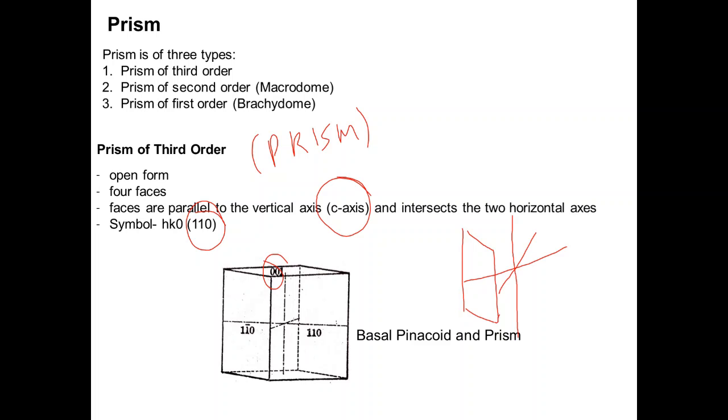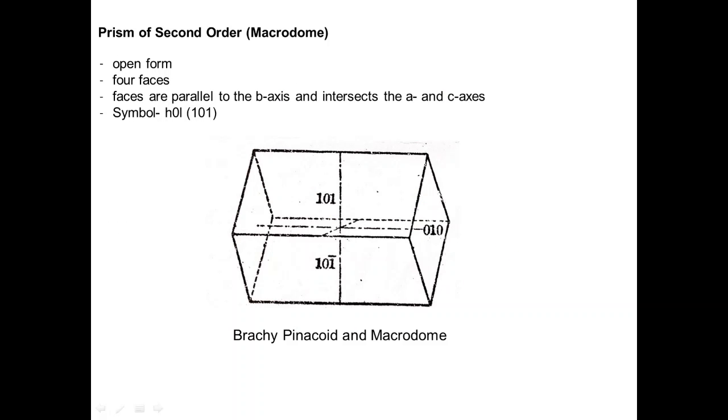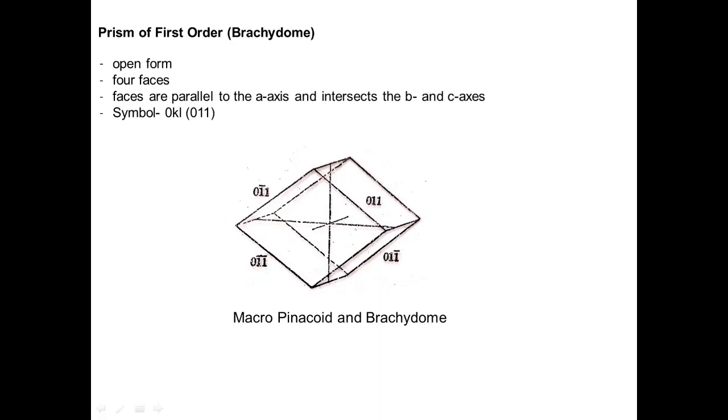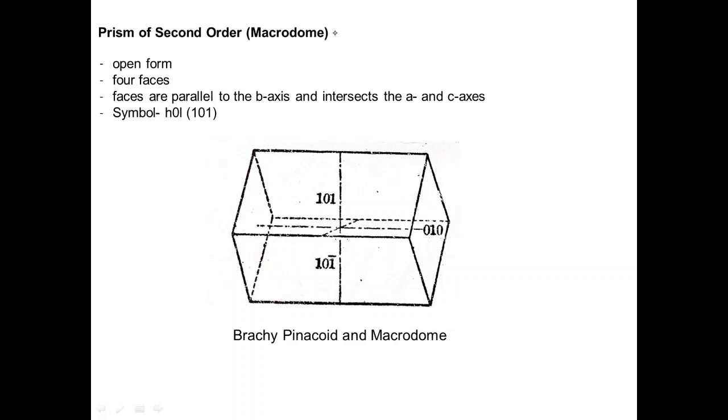Okay, now let us come to the prism of second order, so-called second order, or more specifically macrodome. Now remember, what is a dome face? To define a dome face, keep in mind that it is also an open form with four faces, but here the c-axis will be intersecting and either of the two horizontal axes will run parallel.